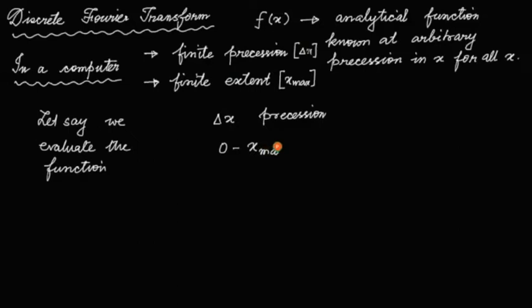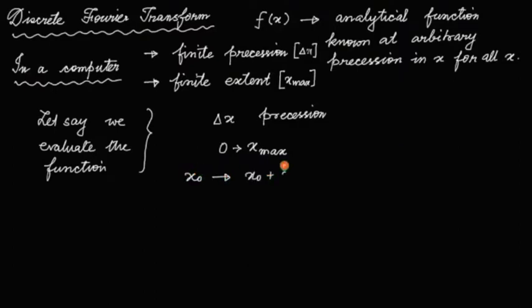Now, can I always only evaluate from 0 to x max? We can do it from any point x0 to x0 plus x max. So I can do it instead from x0 to x0 plus x max.